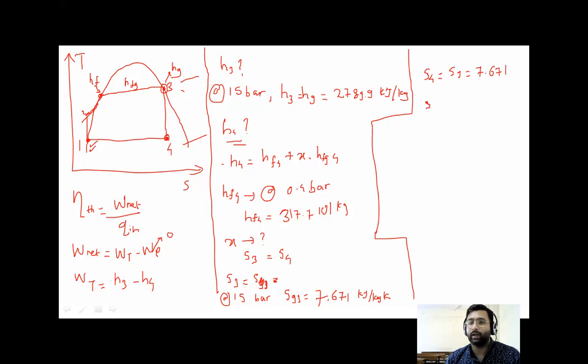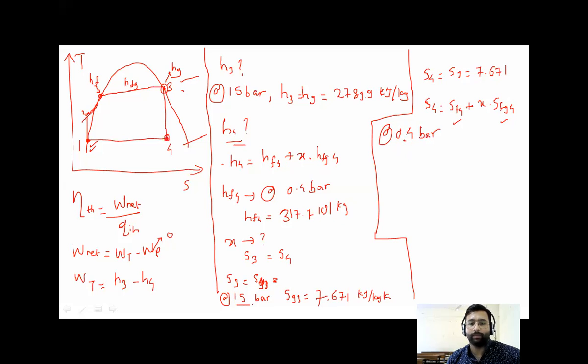What is the formula for entropy at point number 4? Entropy of wet steam, how do we calculate? SF4 plus X into SFG4, correct? That will be the entropy of saturated liquid plus dryness fraction into the SFG value. Now at 0.4 bar... Oh, sorry, this is wrong.